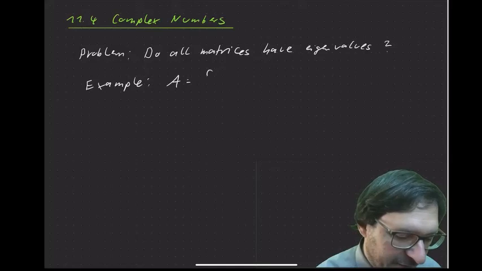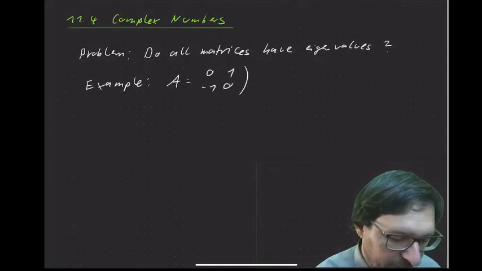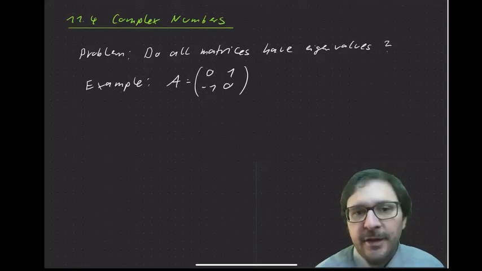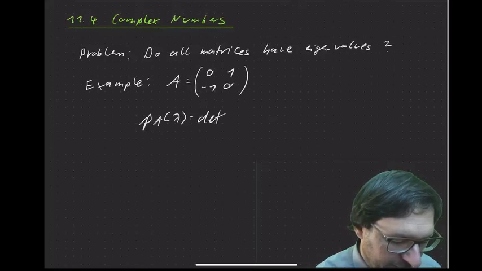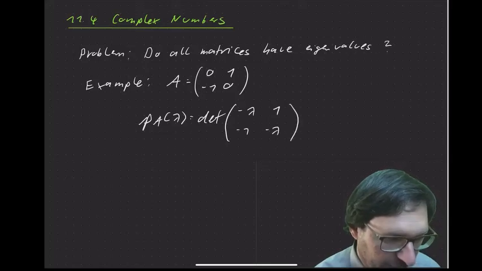A is the matrix 0, 1, minus 1, 0. Now if we compute the characteristic polynomial of that matrix, what we get is P_A of lambda is the determinant of minus lambda, 1, minus 1, minus lambda.